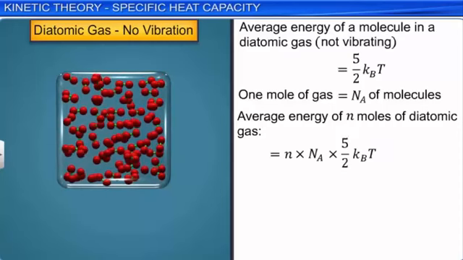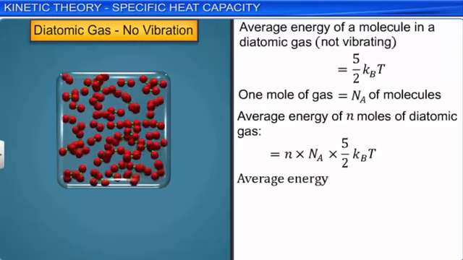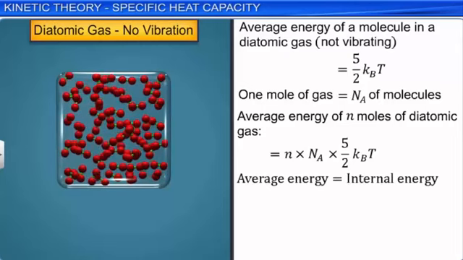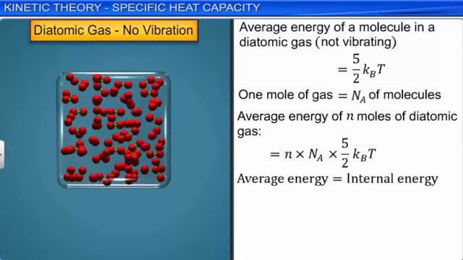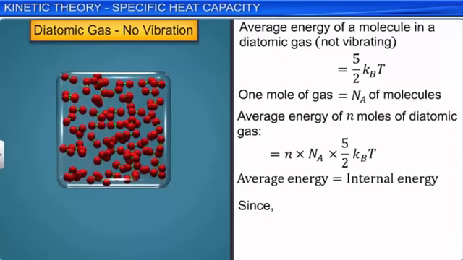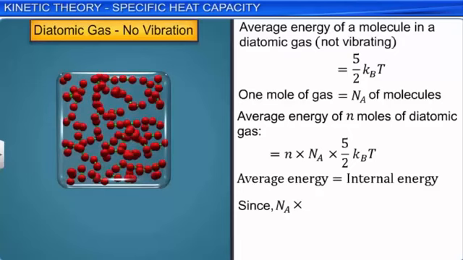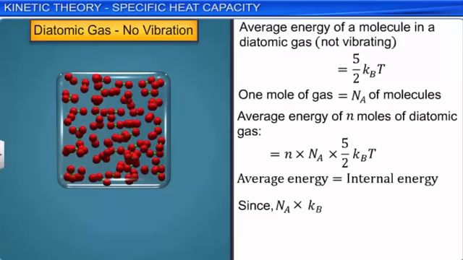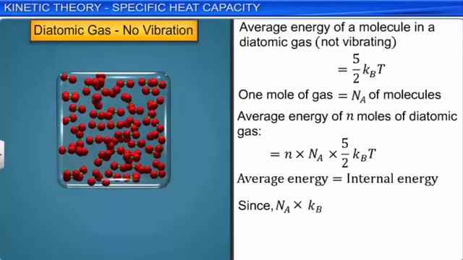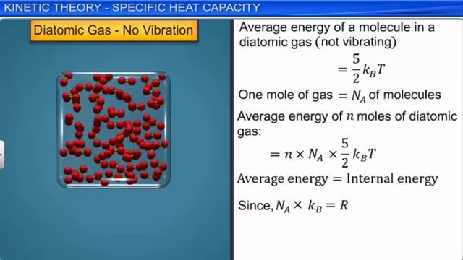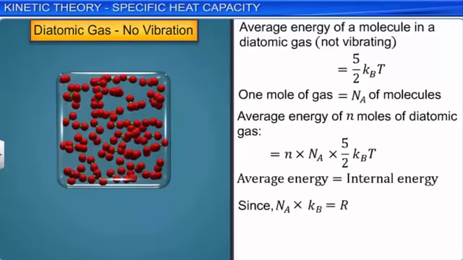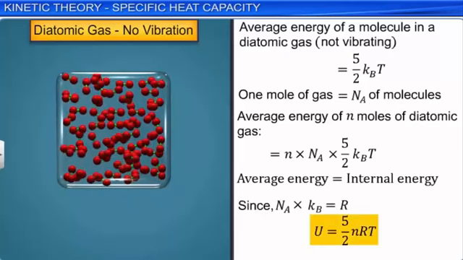This energy is equal to the internal energy of the gas. Since the product of Avogadro's number NA and Boltzmann's constant kB is equal to the universal gas constant R, we get U is equal to 5/2 nRT.